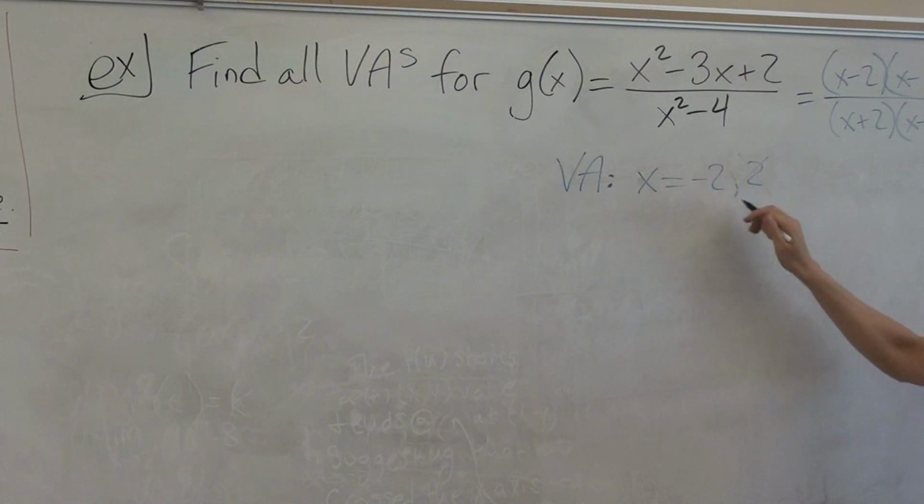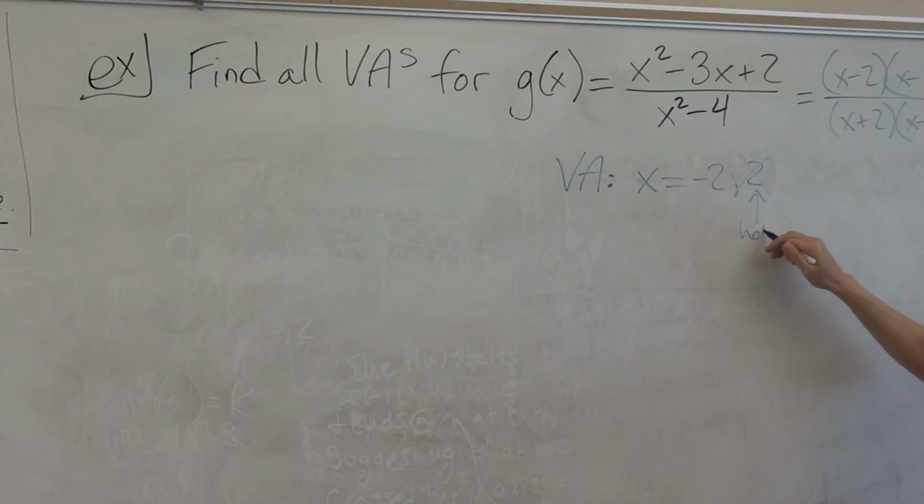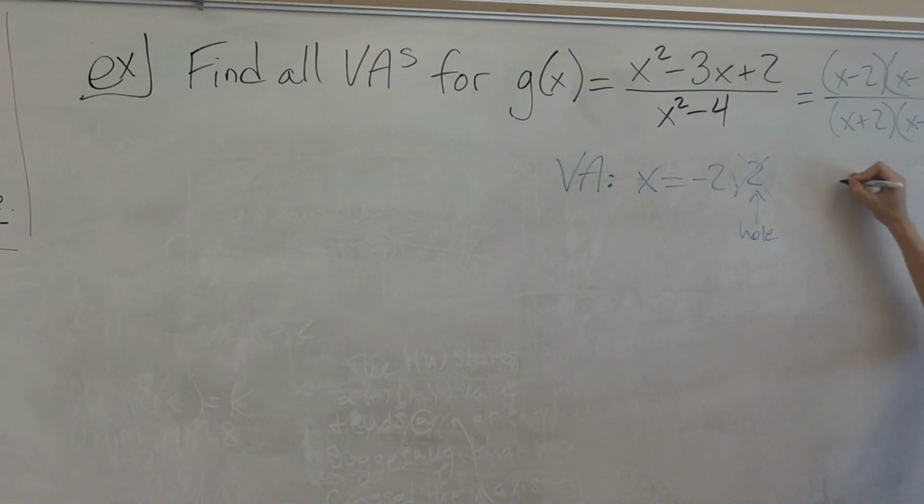So the only vertical asymptote is at x equals -2. Make sure you put the x equals, because a vertical asymptote is an equation of a line, not just a number. It's a vertical line, so it's x equals -2. All right, good. Any questions on that?